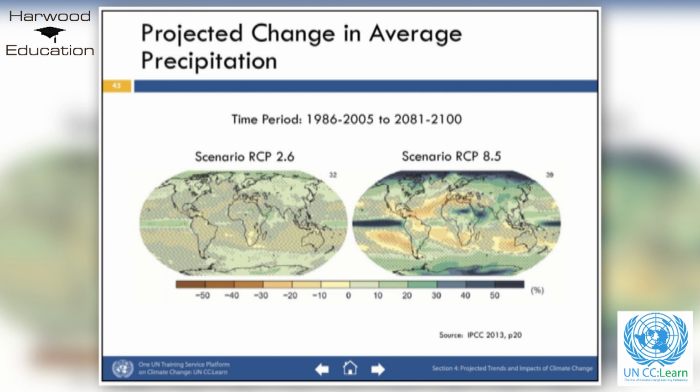However, under scenario RCP 8.5, the right map, significant changes in annual precipitation are to be expected. The high latitudes and the equatorial Pacific Ocean will experience an increase in annual mean precipitation, while in many mid-latitude and subtropical dry regions, mean precipitation will decrease.